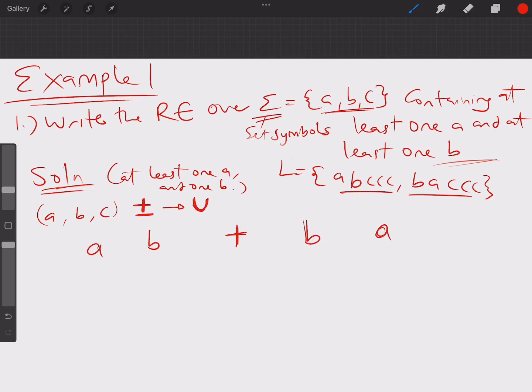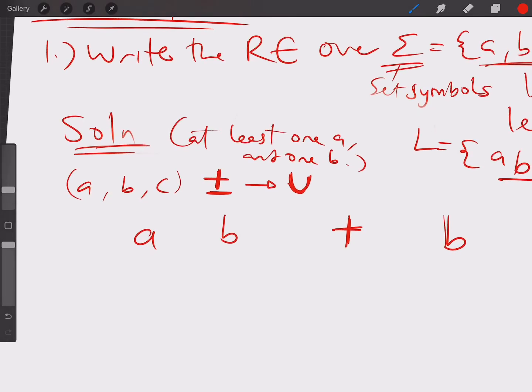Because arrangements matter. There could be a symbol before A, there could be a symbol before B. So how do we undo that? A plus B plus C star, meaning we can have 0 or more occurrences of either A or B or C. Doesn't mean there has to be anything there, right?